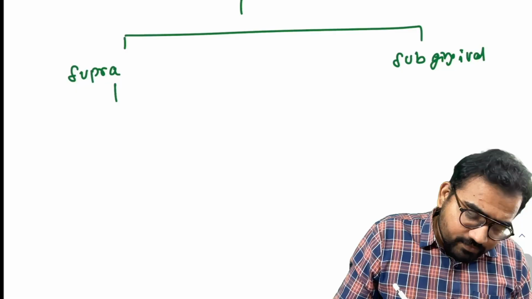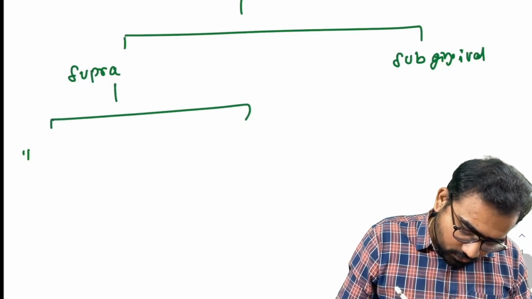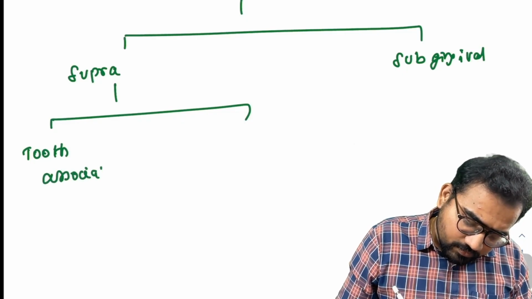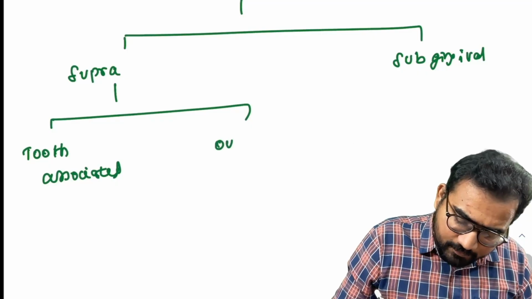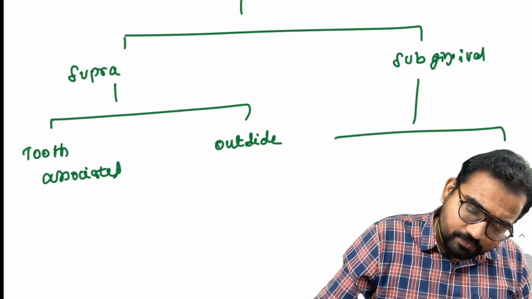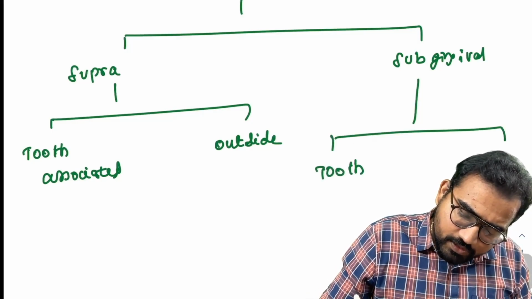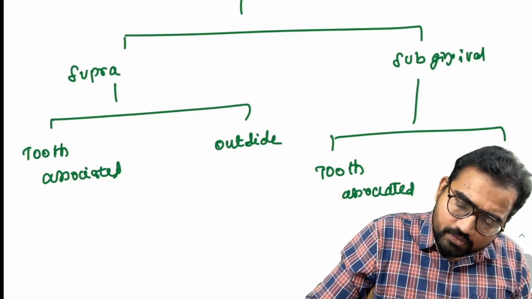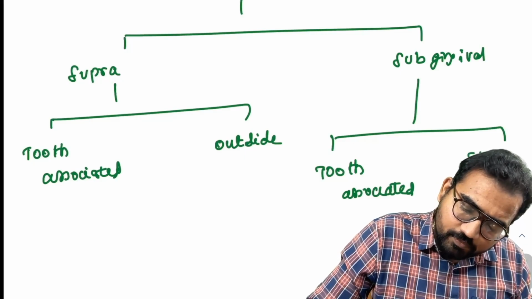Now supragingival can be tooth associated and outside, whereas subgingival is tooth associated and tissue associated.